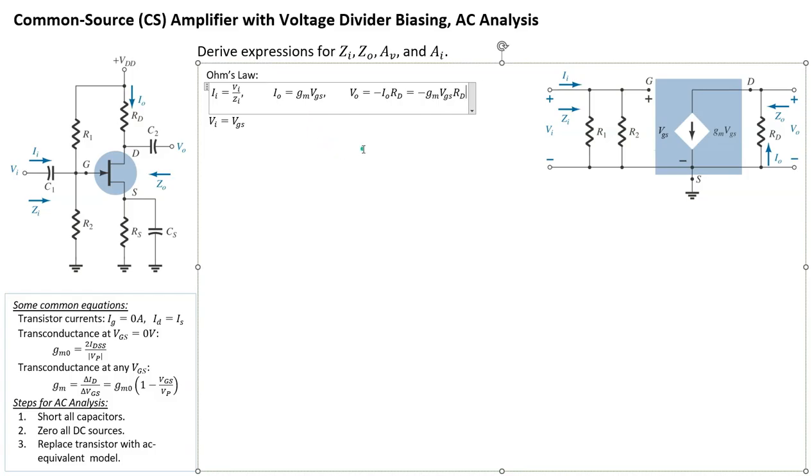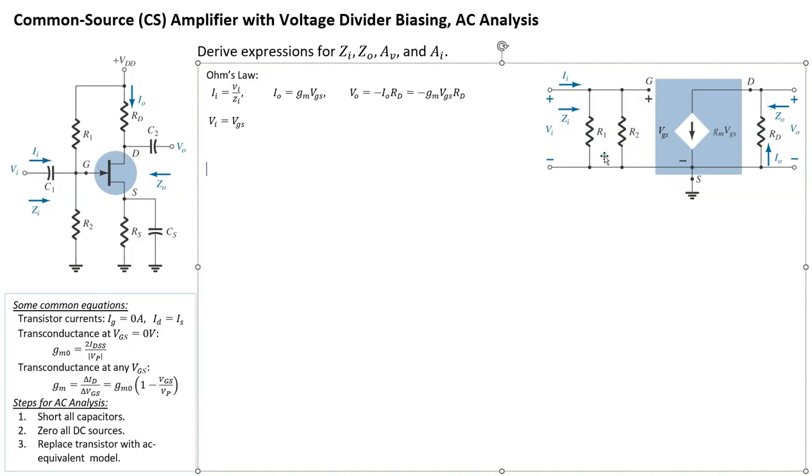So that's the 4 components: II, IO, VO, and VI. Now let's figure out what ZI is. ZI is the impedance seen from the input signal towards the right into the system. It should be pretty obvious, because there's no connection from the gate to the device, the only thing ZI will see is these 2 resistors in parallel.